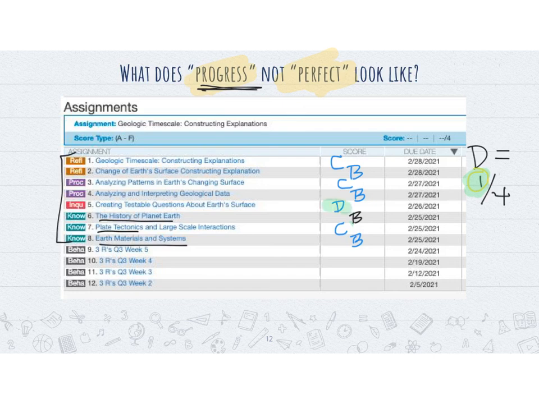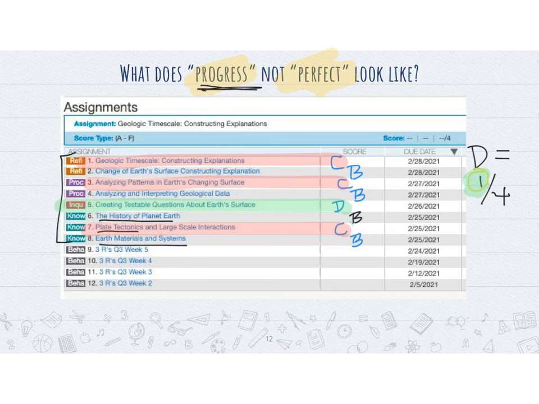So for this particular student, they can see they're really struggling with testing, creating testable questions about Earth's surface. And they're kind of struggling with constructing explanations about the geologic timescale, analyzing patterns in Earth's changing surface, and plate tectonics. Other things they're doing pretty well in, but these are skills that they want to focus on.